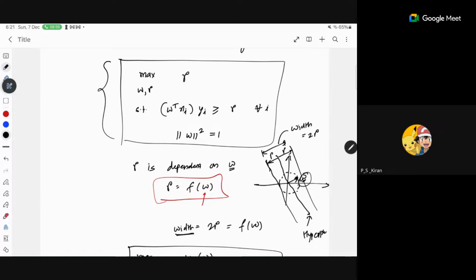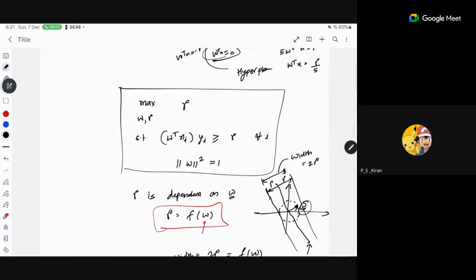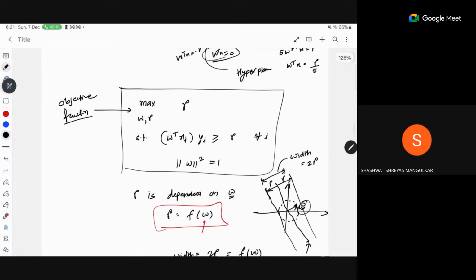So this was problem one, right? We were here. If you remember, I hope you remember this part. Maybe I'll start with this. So this was the part, right? What was our objective here? This is my objective function: maximize gamma, the margin. For that maximization of gamma, these are the parameters, W and gamma, correct?